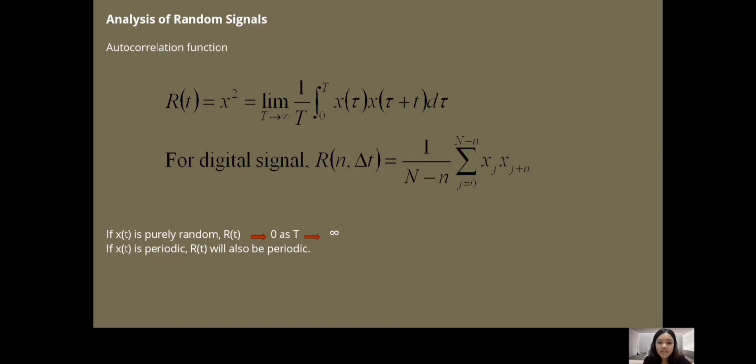So for our digital signal analysis, we have R sub n delta t is equal to 1 over N minus n, sum from i equals 0 to N minus n minus 1 of x sub i times x sub i plus n.